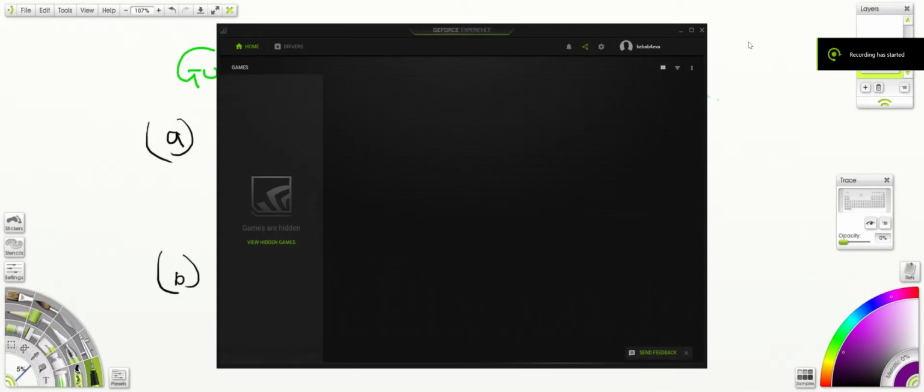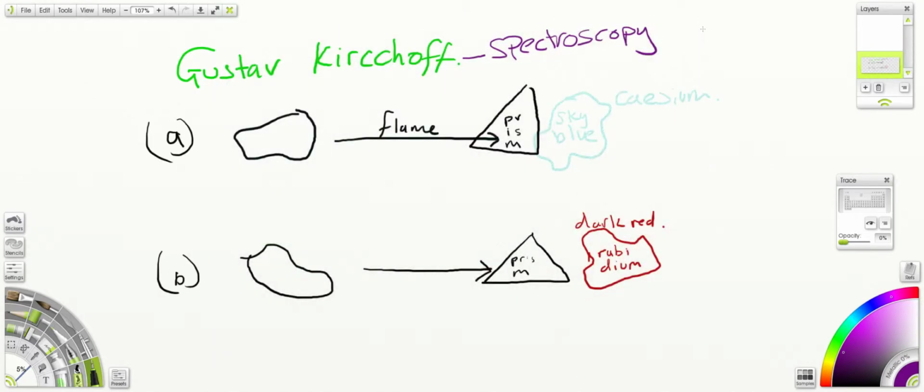Okay, so continuing from flame tests, we're going to look at Gustav Kirchhoff, who used spectroscopy to find new elements.